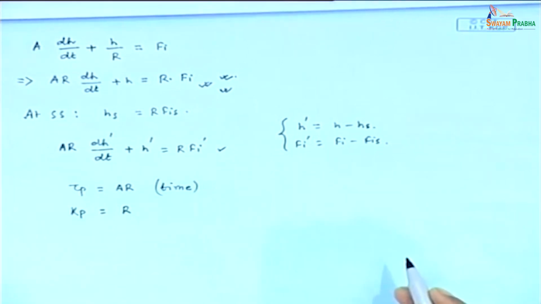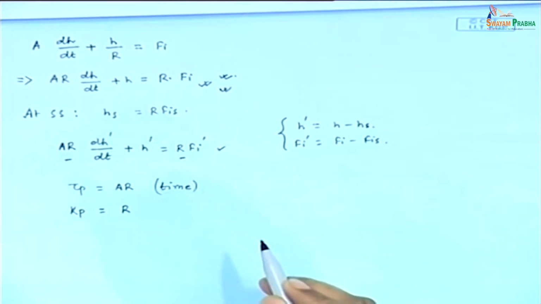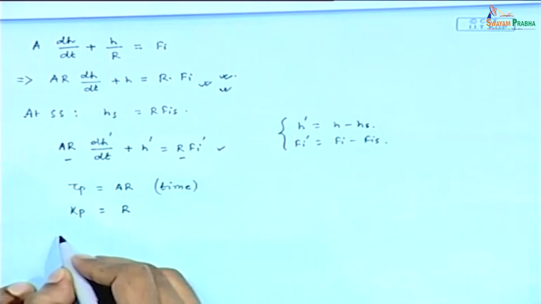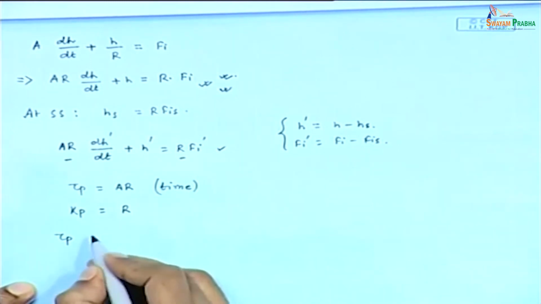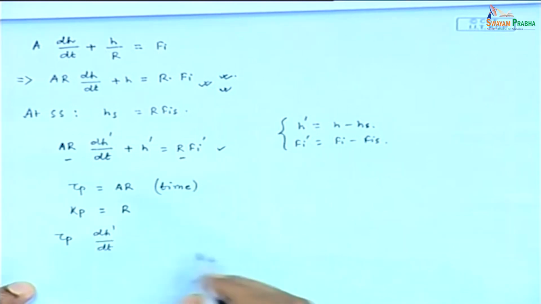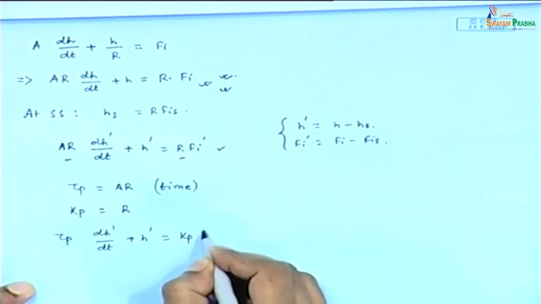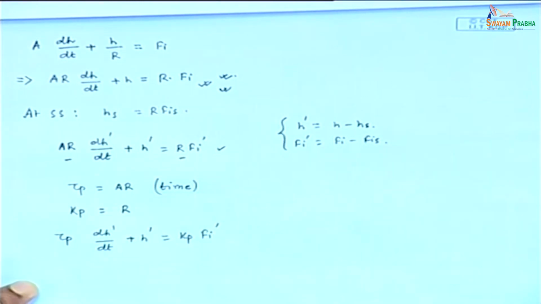Now, we will just replace this AR term here by tau p and R by this Kp term. Then we get tau p dH prime/dt plus H prime equal to Kp Fi prime.